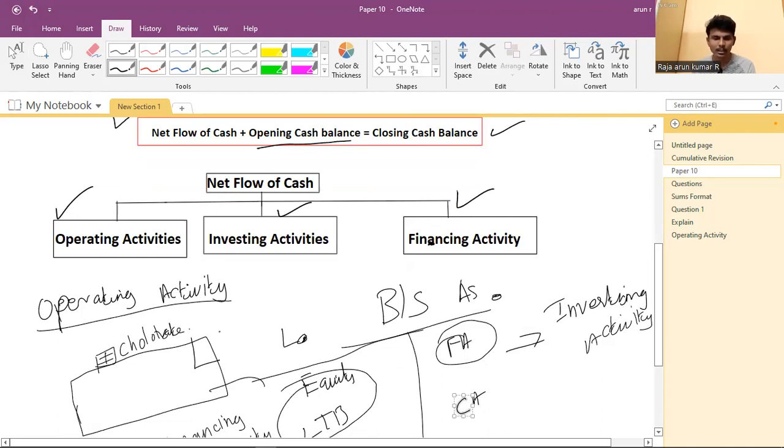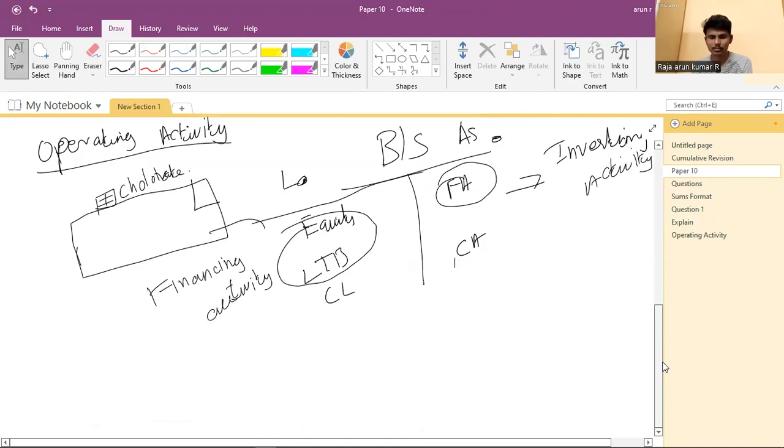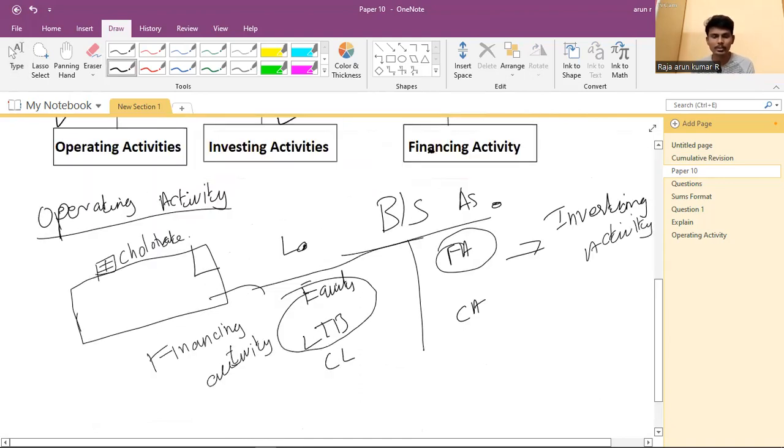Okay, I am a chocolate manufacturer. In the chocolate manufacturing business, all the income and expenses I generate come in the operating activity.